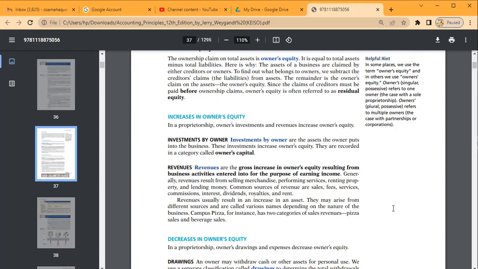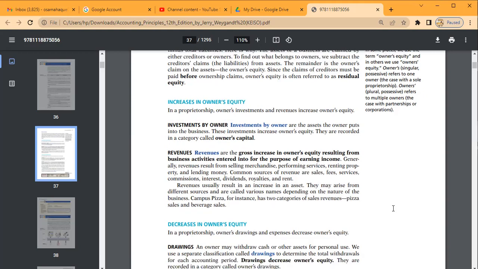Revenue is the gross increase in owner's equity resulting from business activities entered into for the purpose of earning income. Because if revenue increases, profit for the year will go up and eventually owner's capital will also rise. The formula for capital is capital at start, add net profit, minus drawings, equals capital at end.